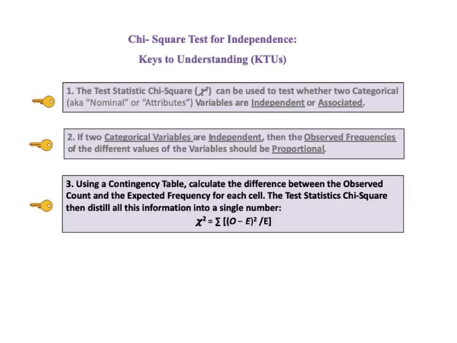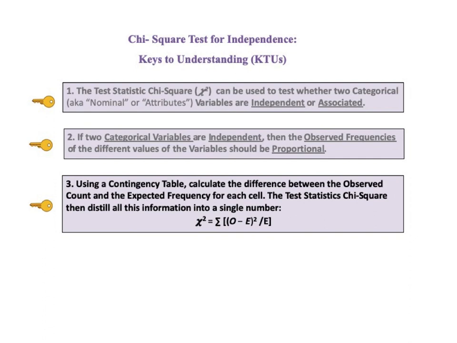Key number 3 says, using a contingency table, calculate the difference between the observed count and the expected frequency for each cell. The test statistic chi-square then distills all this information into a single number.